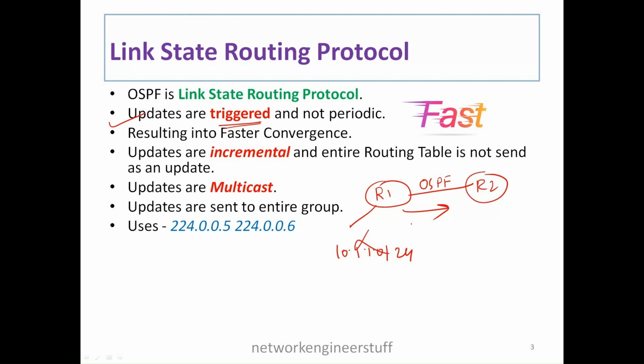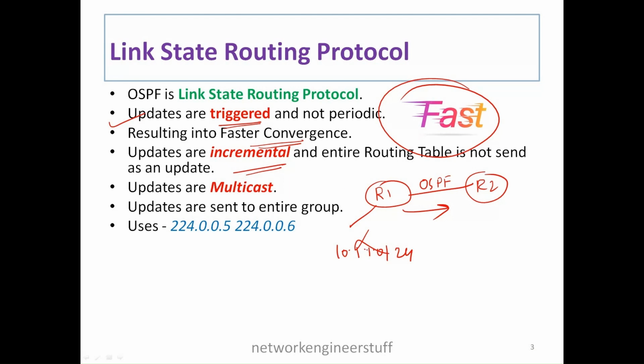So because of this kind of nature of OSPF, the convergence is fast. The convergence is fast because the updates are triggered. As soon as something goes down, the update is sent to the OSPF neighbor. Again, the updates are incremental. So when we say the updates are incremental, we mean to say that OSPF will not send the entire routing table as an update every time, but it will send only the topology change in that update.